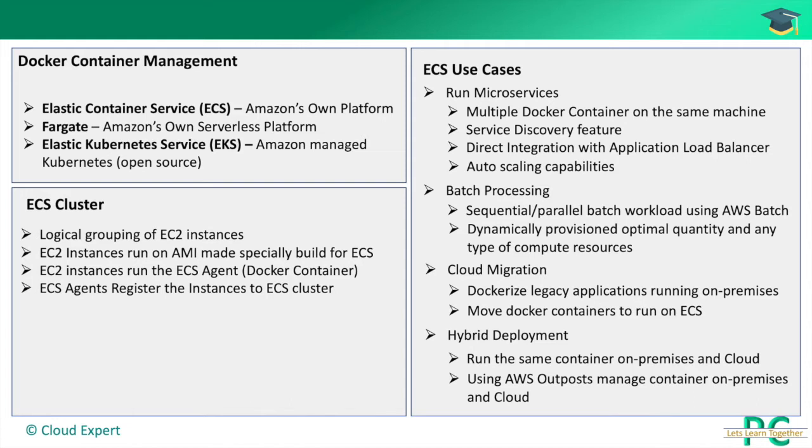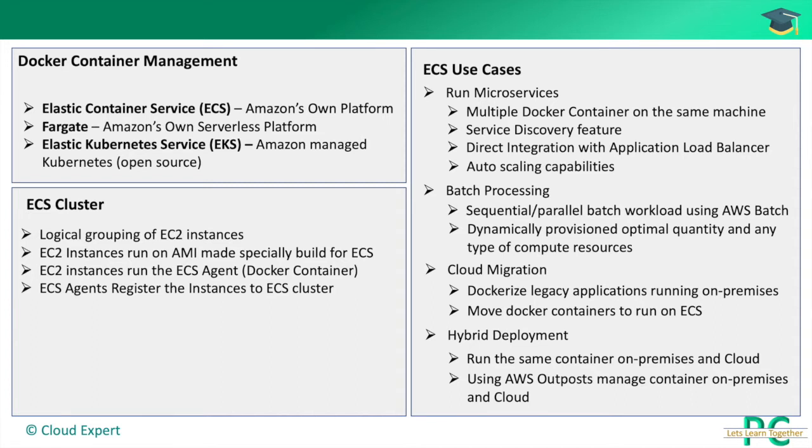And what is the specialty of this AMI? The EC2 instances run the ECS agent for Docker containers. So the EC2 instance's AMI has a pre-built ECS agent. At launch, the ECS agent registers the instance to the ECS cluster.